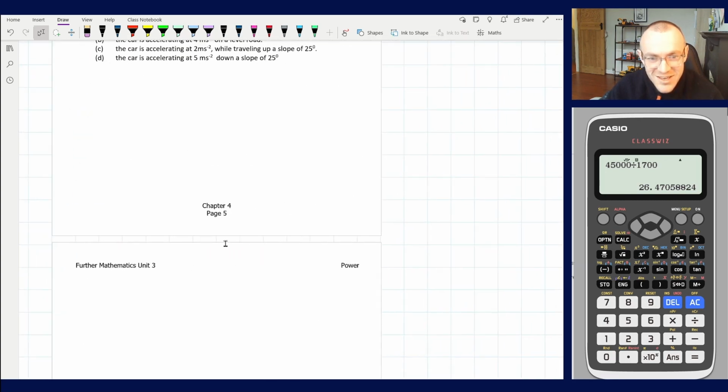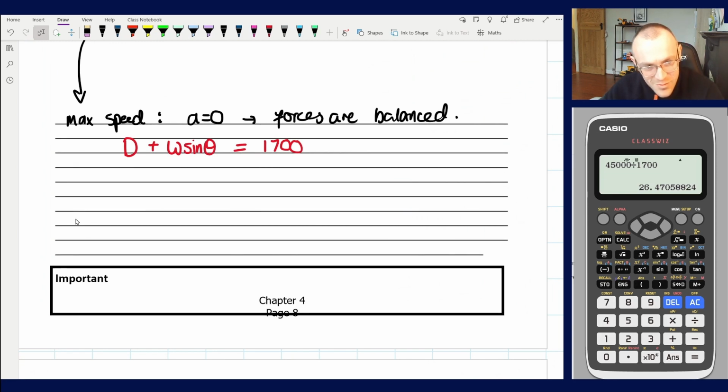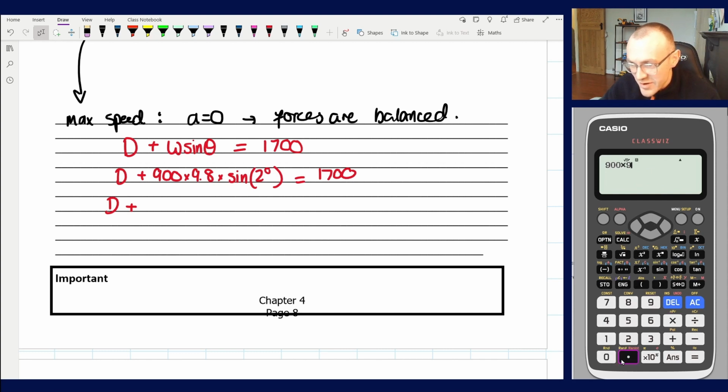All right. So the weight of the vehicle is 900 times gravity, 9.8. I'll work out what sine of 2 is in just a second. We'll get a number for this term. So it's going to be 9.8 times sine of 2 degrees. Am I in degrees? Oh, I'm in radians.